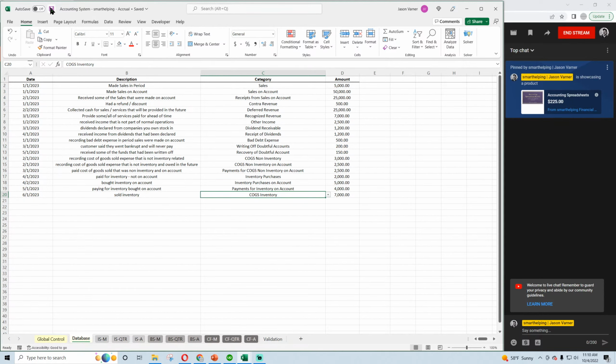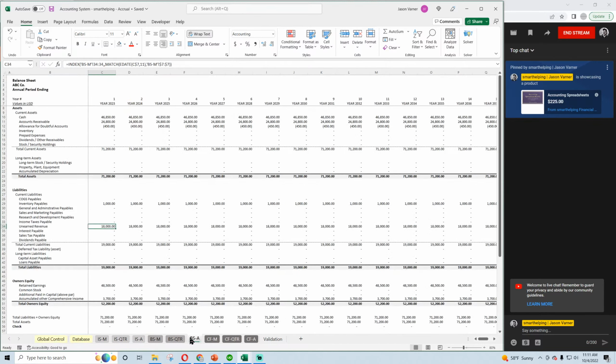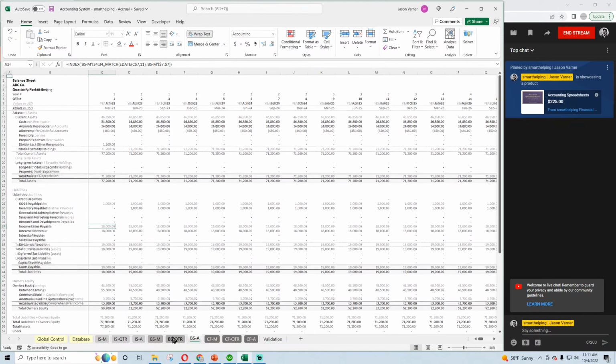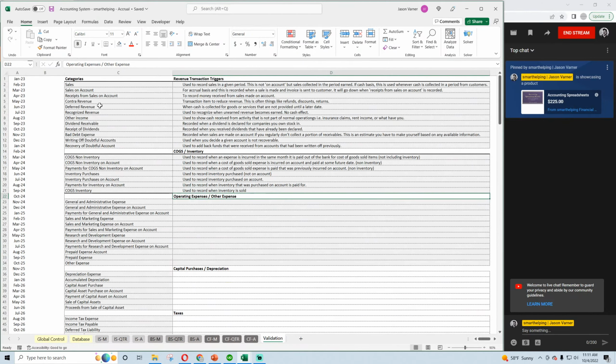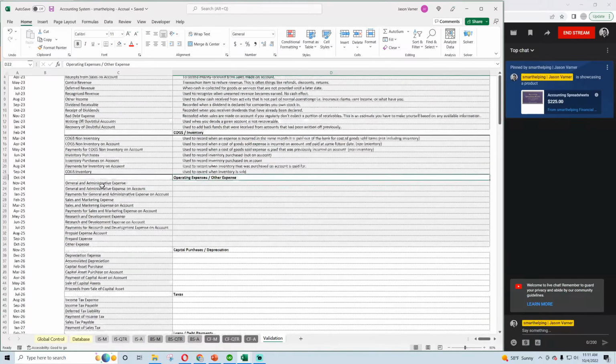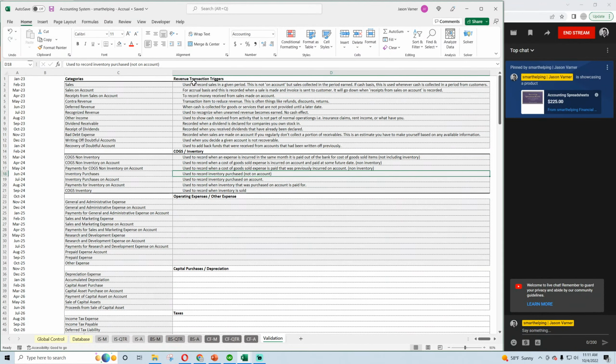All right. So we've covered everything that has to do with revenue and cost of goods sold and inventory. So far, no hiccups. Everything is balanced out. That's good to know. We've got the transaction items all organized and labeled, and now we've been describing all these.